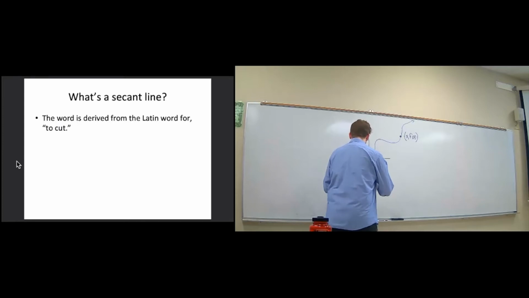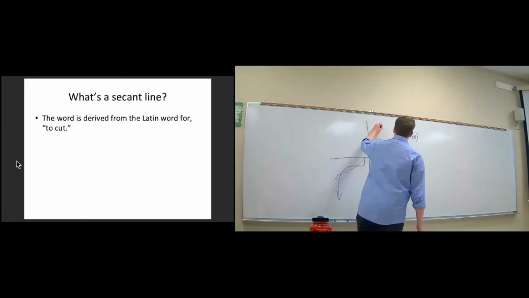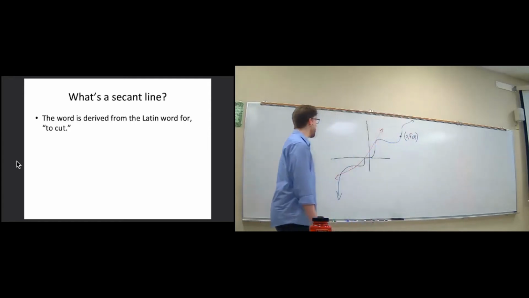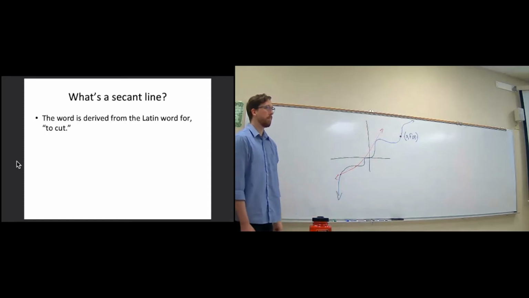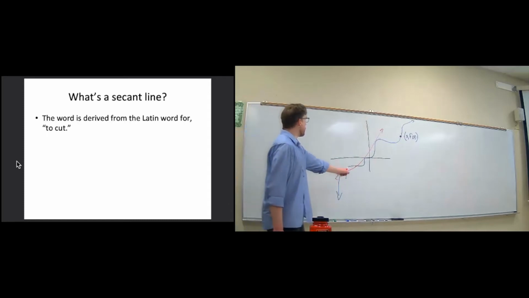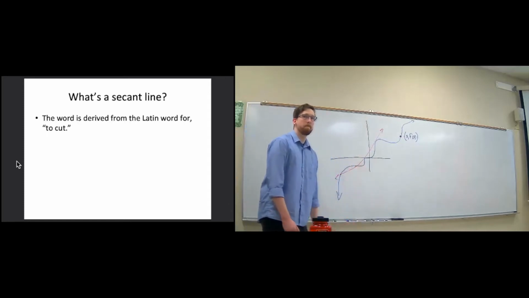Like that. Okay. So we've got this line that cuts through exactly 2 points of our function. This would be considered a secant line, right?